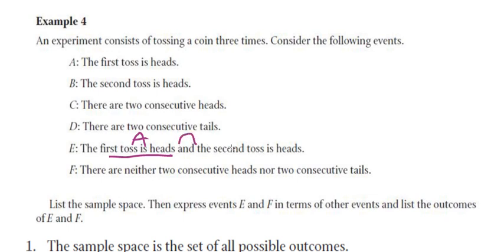So it's that symbol there. And then the second toss is heads is B. So what E is really asking us for is the intersection of A and B. It wants to know when is the first toss heads and the second toss heads. Hope that makes sense there. So again, E is in terms of A and B there.